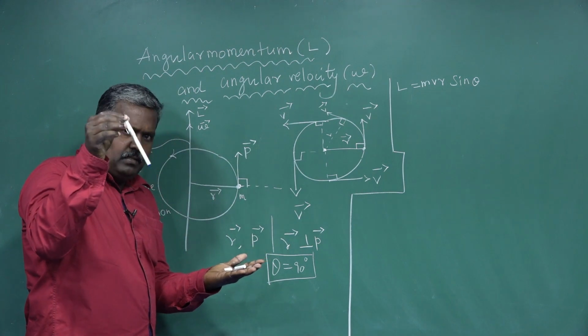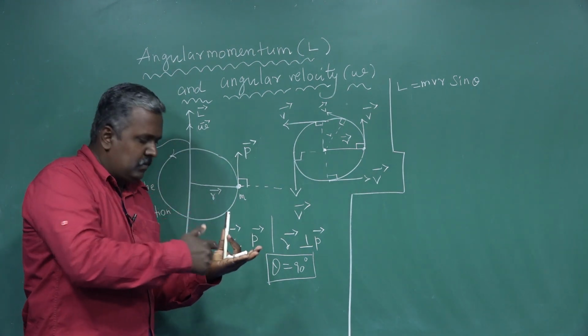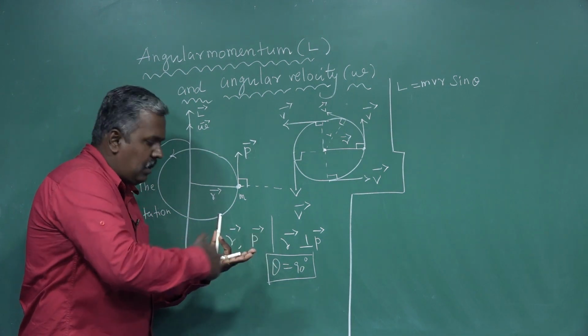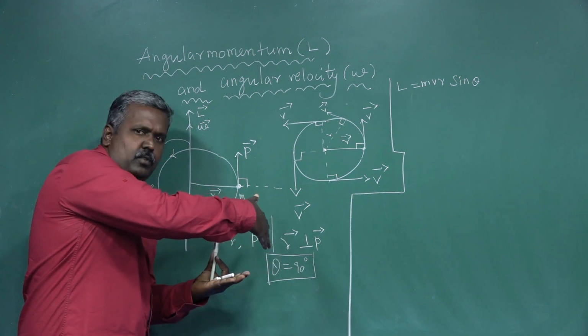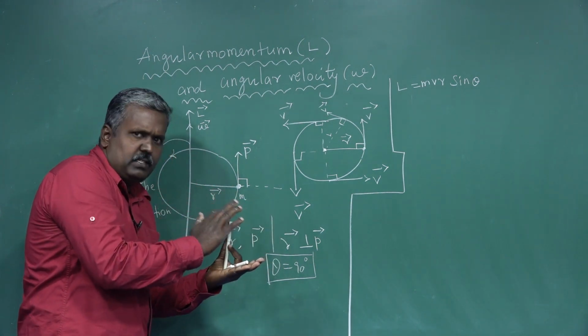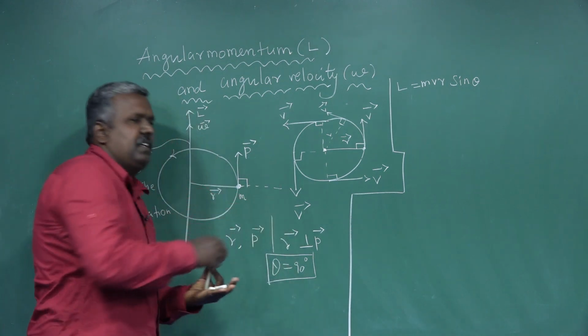Assume this pen is the L vector, that means angular momentum. This is radius vector R. This is the direction of the linear momentum, P vector. So L vector is perpendicular to both R vector and P vector.